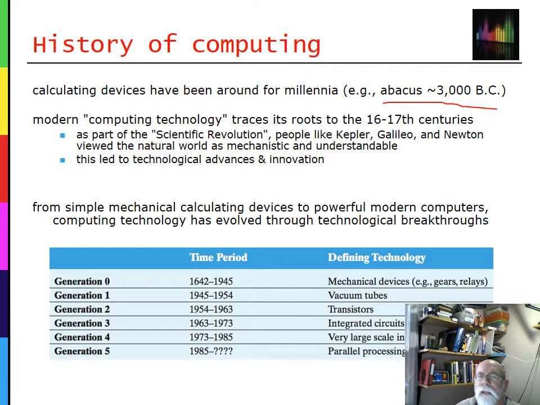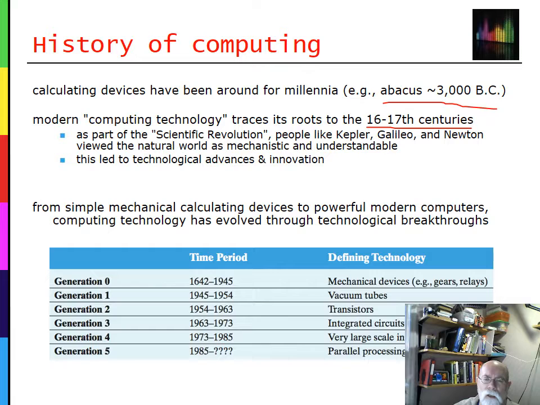But we're more interested in computing technology in the modern age, and we tend to go back to the 16th, 17th centuries, and we're talking about people like Copernicus and Galileo, Newton, and what they were doing with the scientific advancement of that age, and looking at nature as a mechanical, understandable, repeatable device. And so we applied that to nature, and that meant our equipment and machines were built that way too.